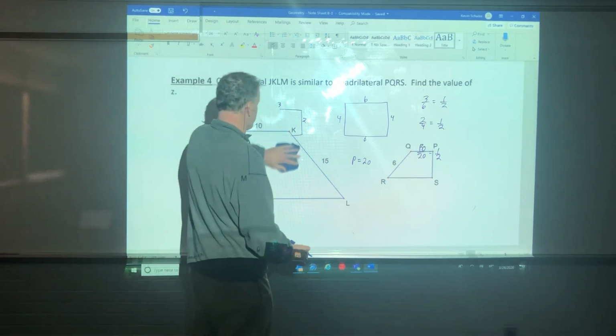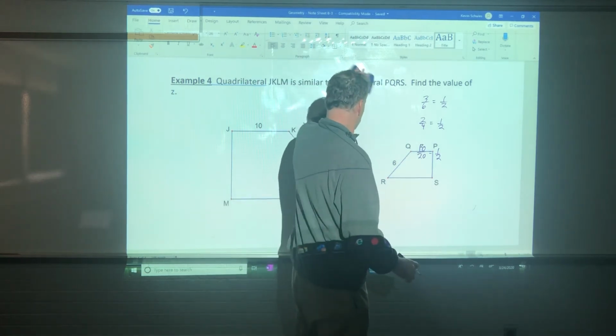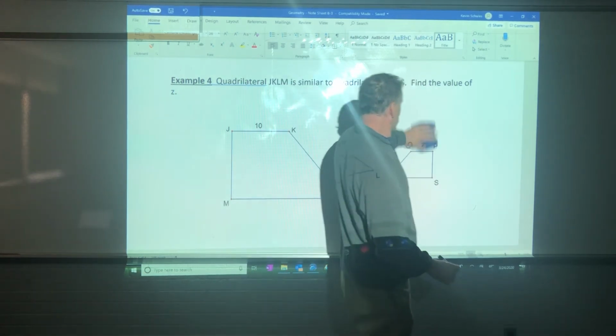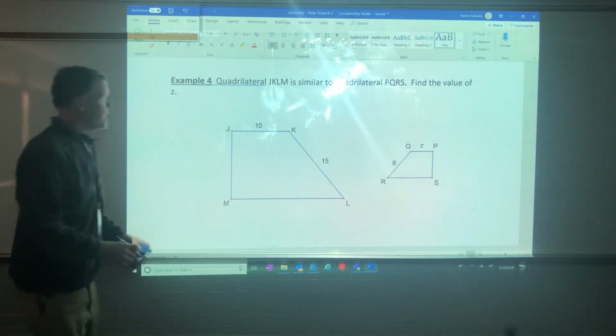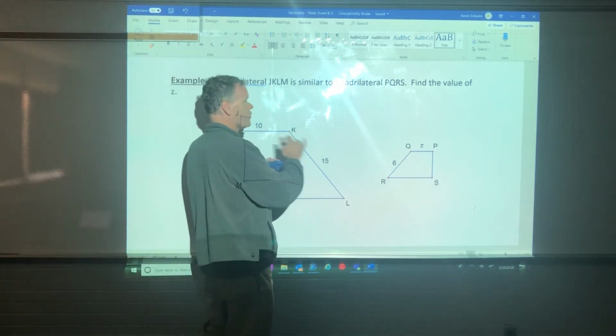Okay, this is going to be similar to some of the problems that you're going to see. Okay, JKLM is similar to quadrilateral PQRS. All right, you want to find the value of Z. So we know that PQ, okay, these are all turned around.